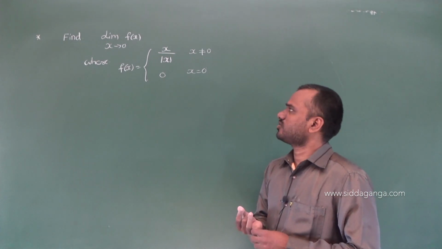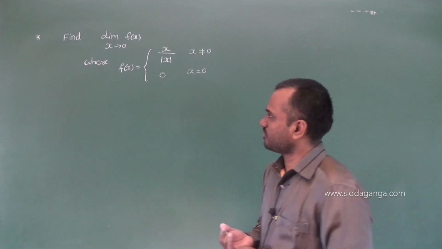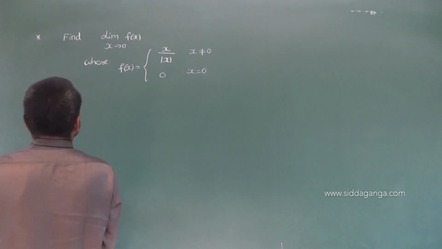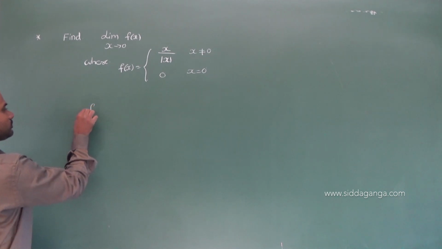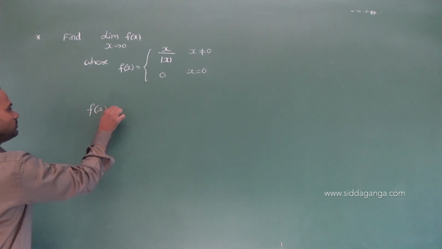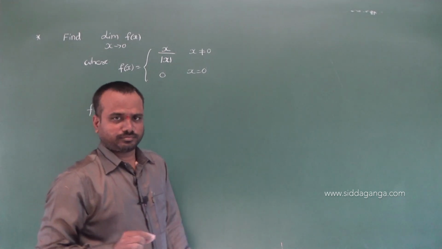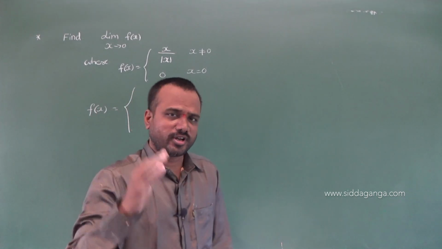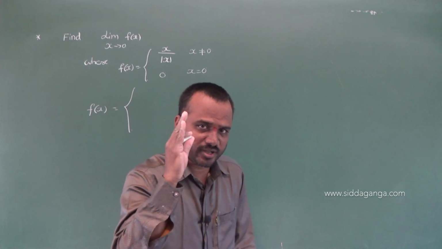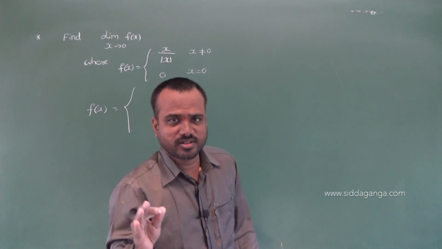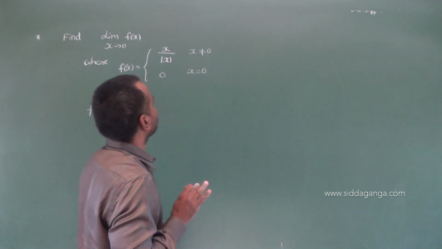We write the function once again. Just now I explained the modulus function. For x less than 0 we take minus x, and for x greater than 0 we take plus x.